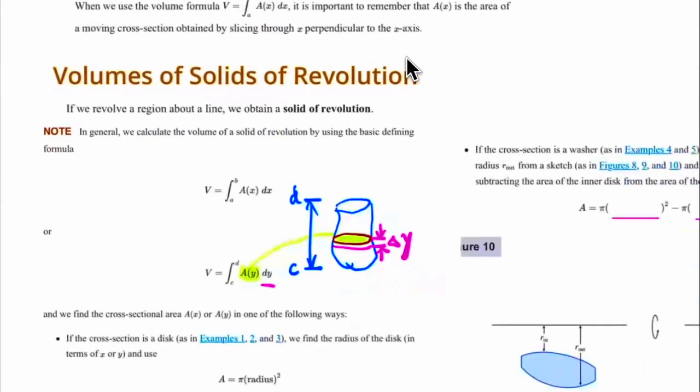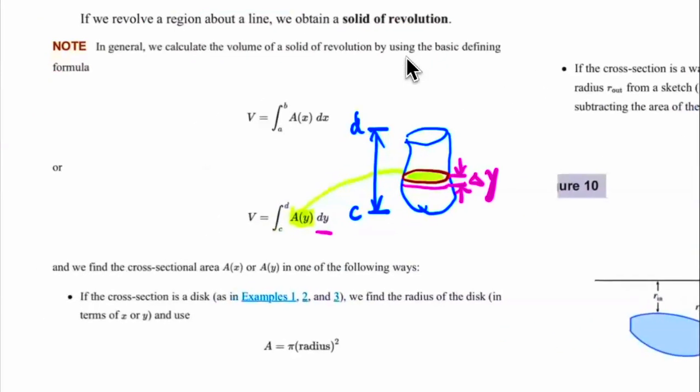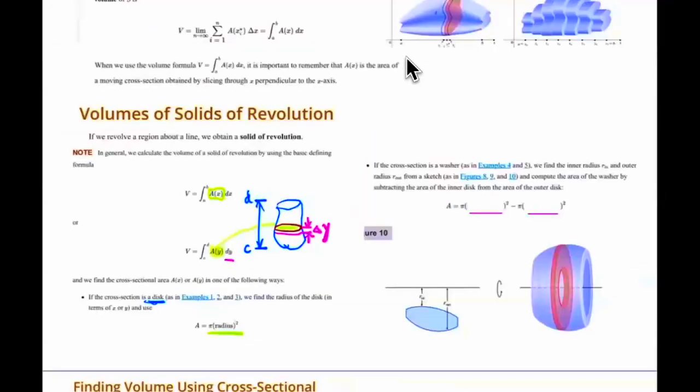Now, when the cross section is a disk, then the cross-section area is going to be pi r squared. What happens if the cross section is a washer like this?